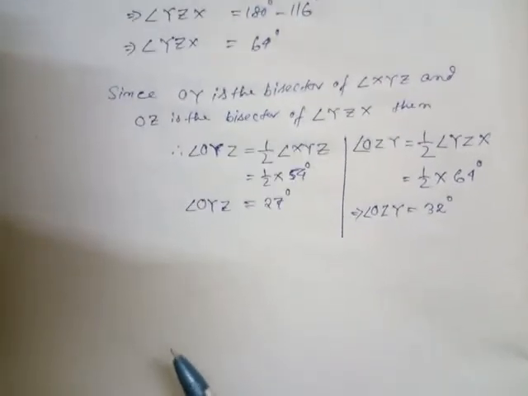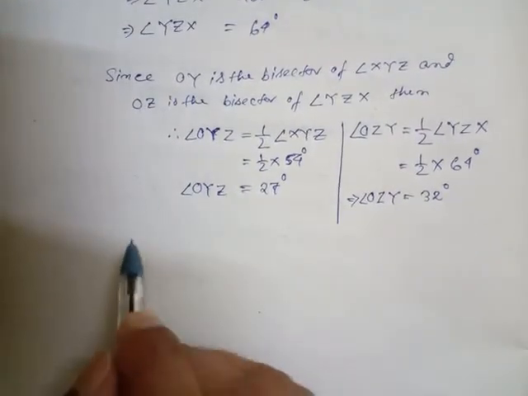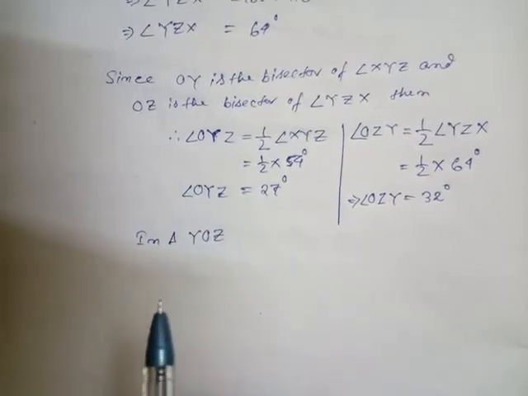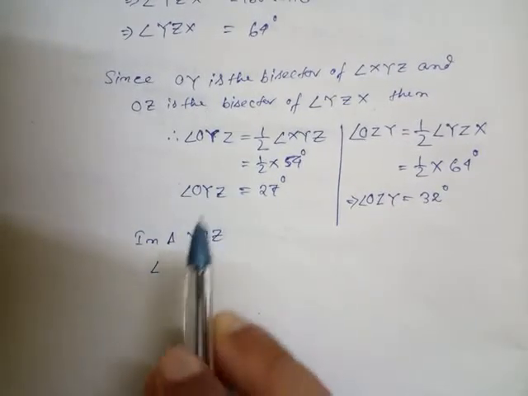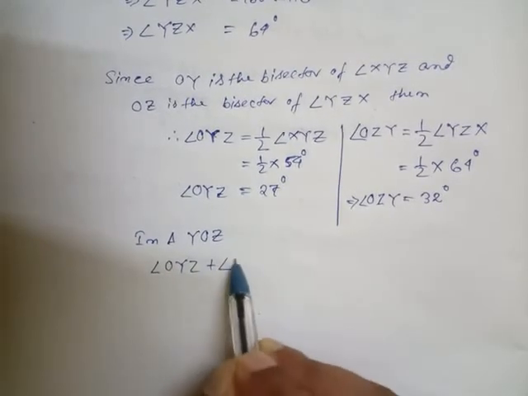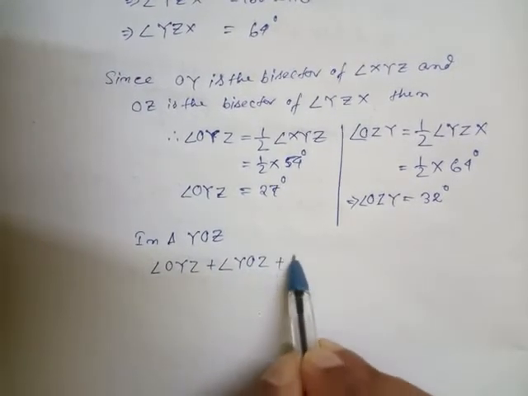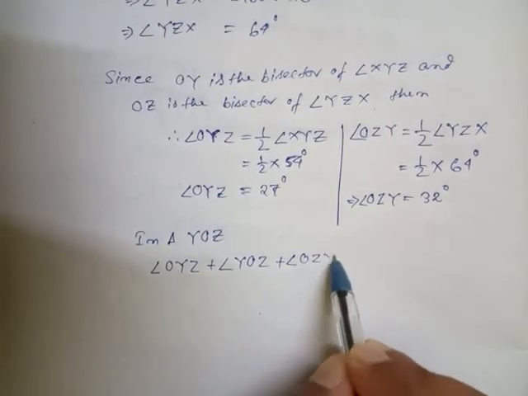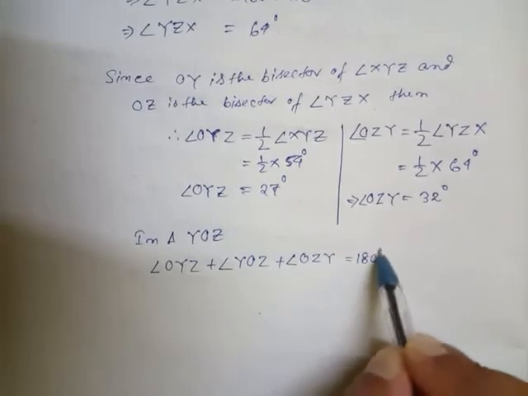So look here now, in triangle YOZ, here I am writing that first angle OYZ plus second angle YOZ plus third angle OZY equals 180 degrees.